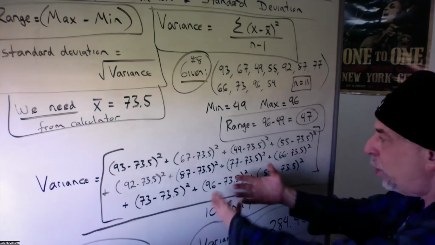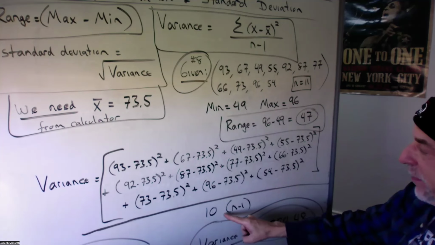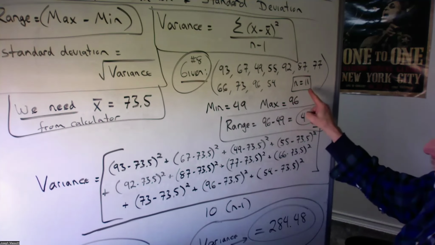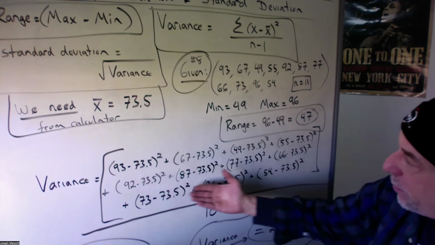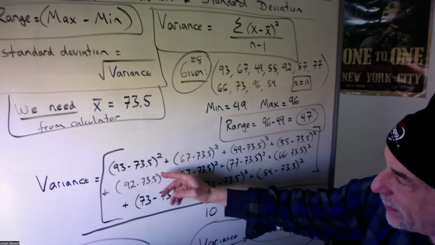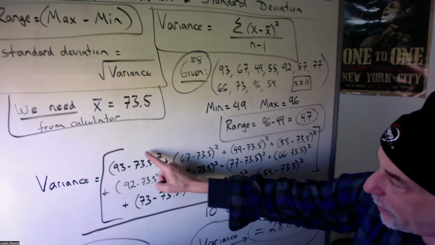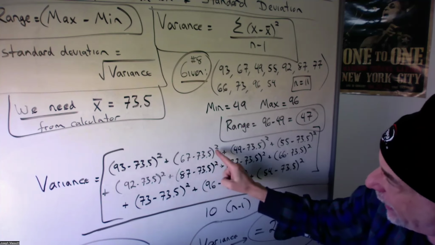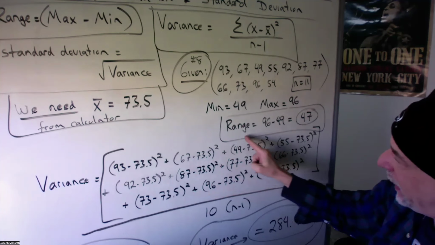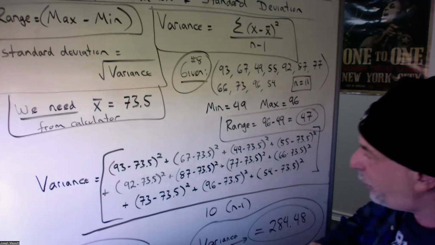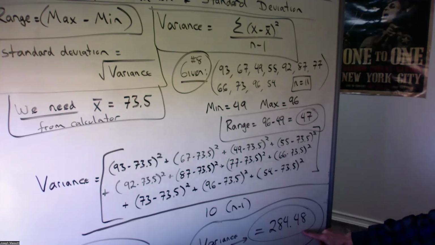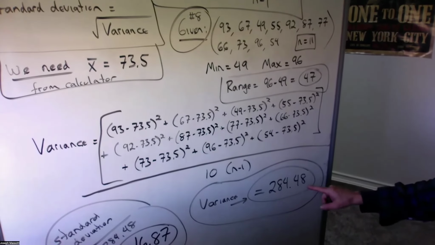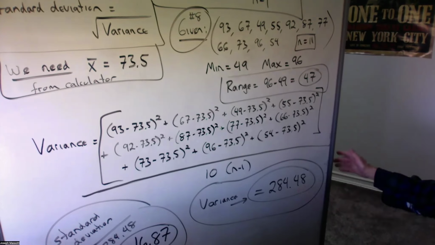We add those all together, and then we divide by n minus 1, in this case, 10. So when you add all these products together, these squares, right? We have this number, we're adding it to this number, we're adding it to this number. When you do that, and then divide by 10, you're going to come up with an answer of 284.48.